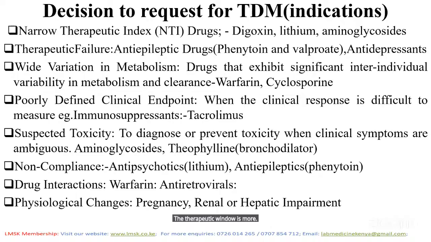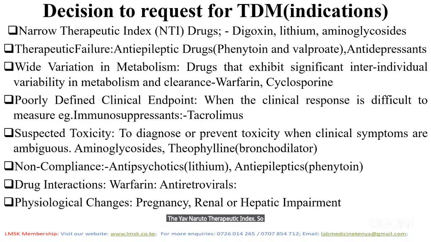Drugs like digoxin, which is used as an antiarrhythmic, will have a narrow therapeutic index. A drug like lithium, which is antimanic, normally has a narrow therapeutic index. Aminoglycosides, drugs like gentamicin that we commonly use in our hospitals, have a narrow therapeutic index.